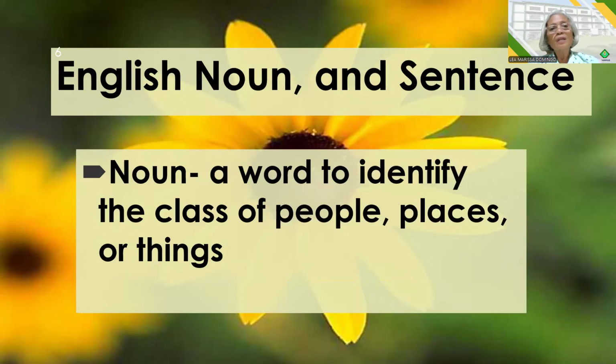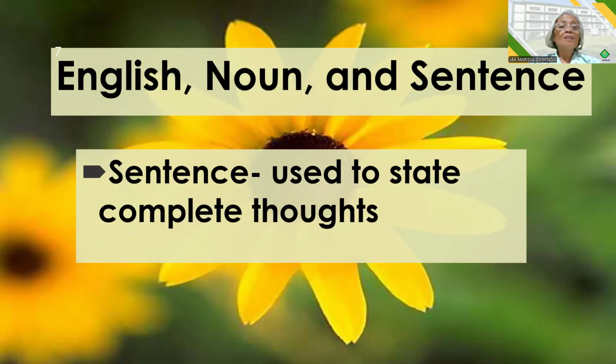So, let's discuss first, just a recall about English nouns and sentences. So, alam naman natin, a noun is a word to identify people, places, or things. And an English sentence is used to state complete thoughts.